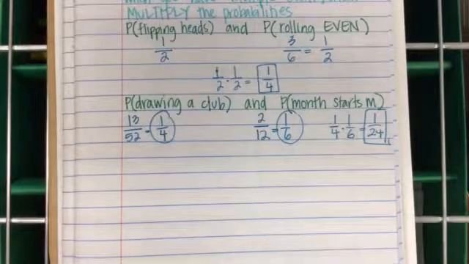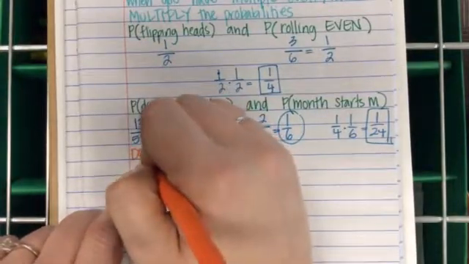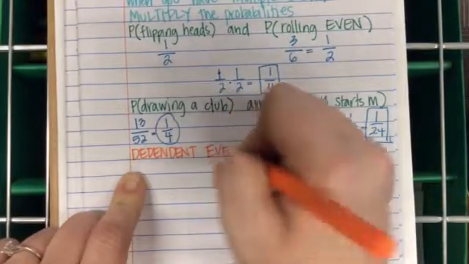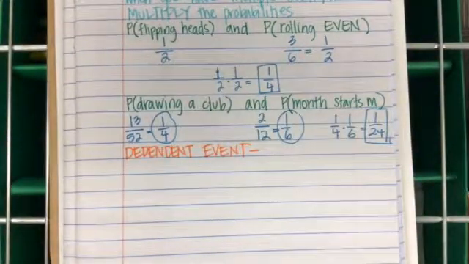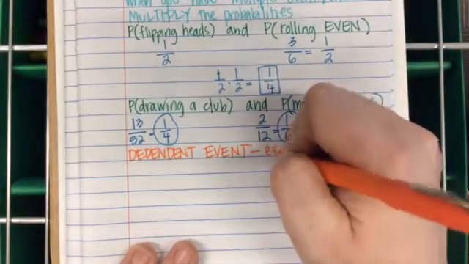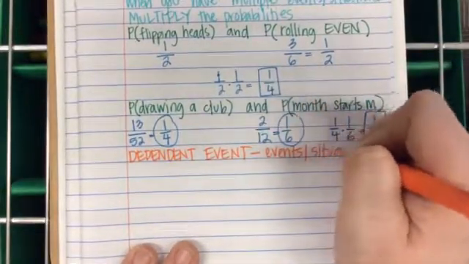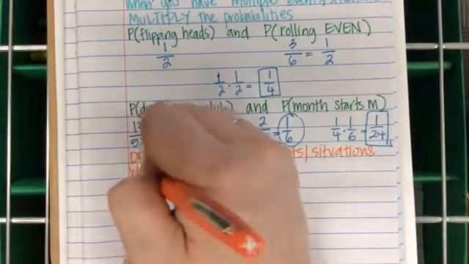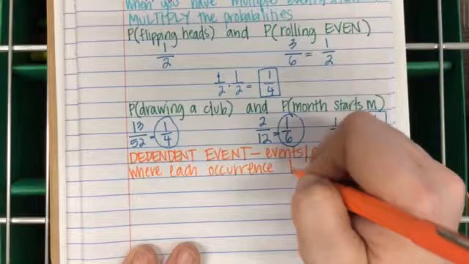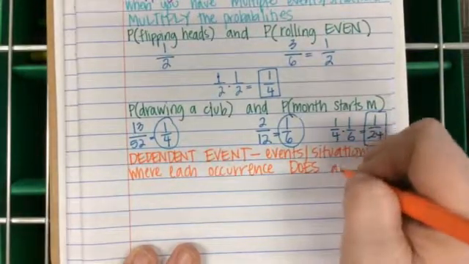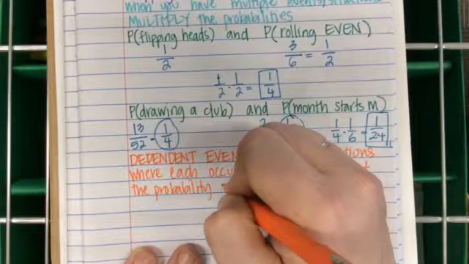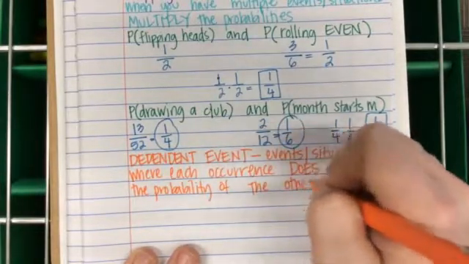And dependent events aren't much harder. The only thing is, instead of events or situations where the occurrence does not affect the others, dependent are events or situations where each occurrence does affect the probability of the other or others.